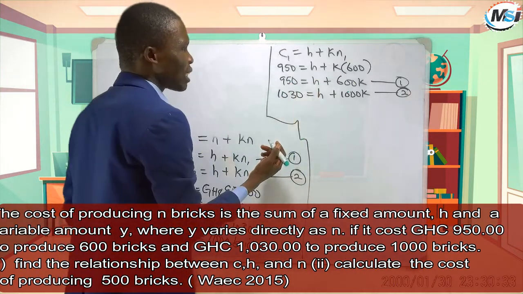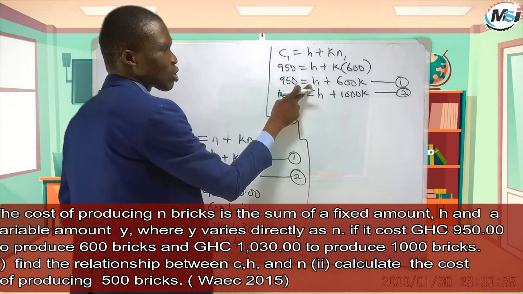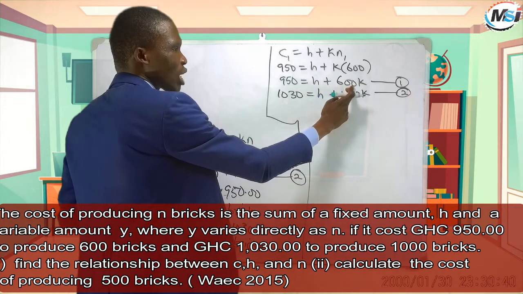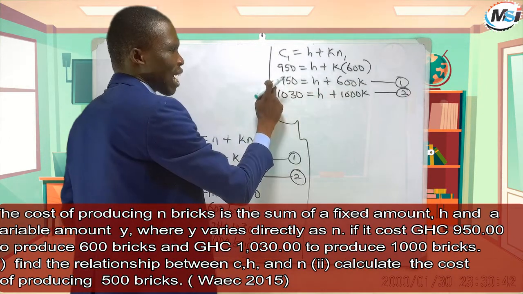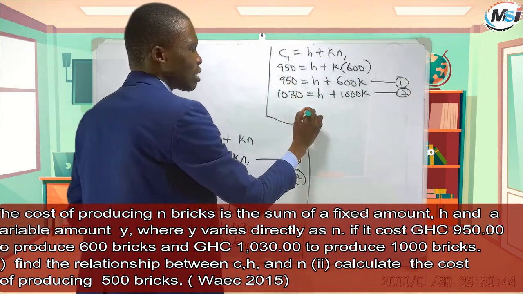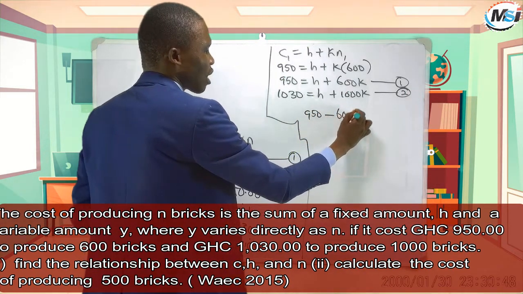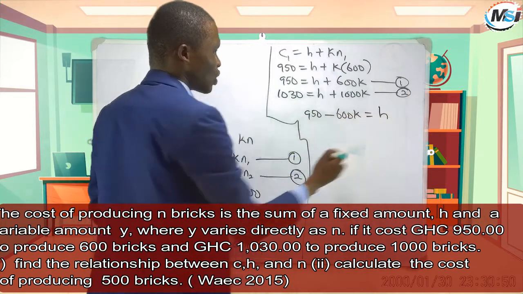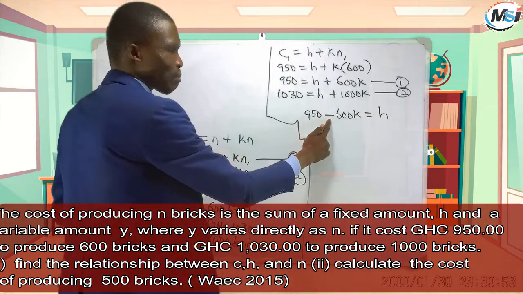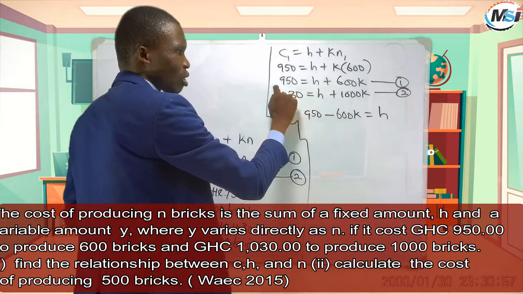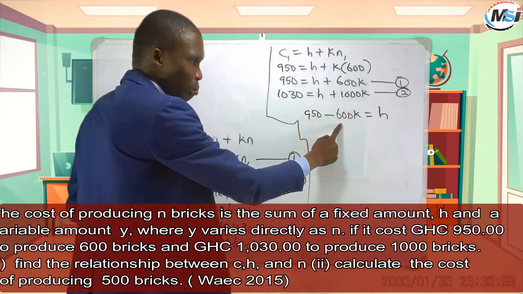From equation 1, I want to make H subject of the formula. So what will I do? This plus 600K, I will move it to this side. That will give me 950 minus 600K equals H. The reason this minus is here is because there is plus here, and when this crosses to the other side, it turns to what? Minus.